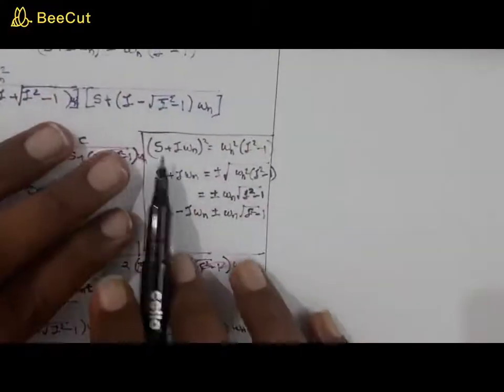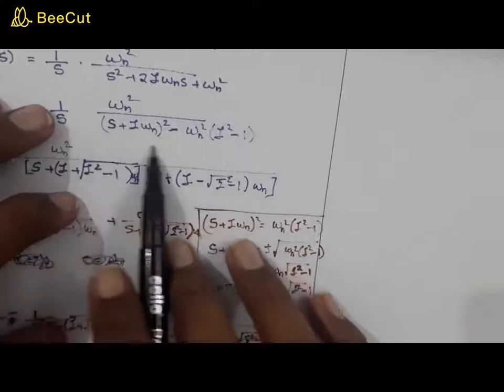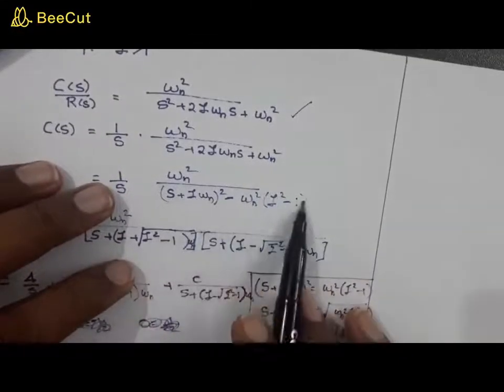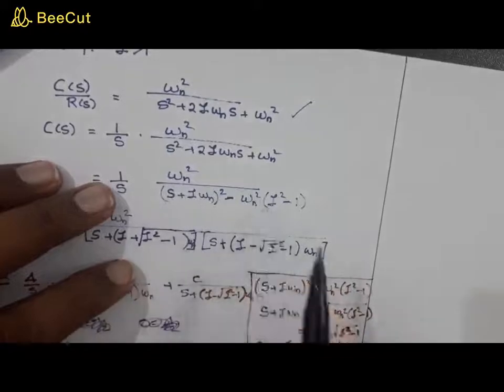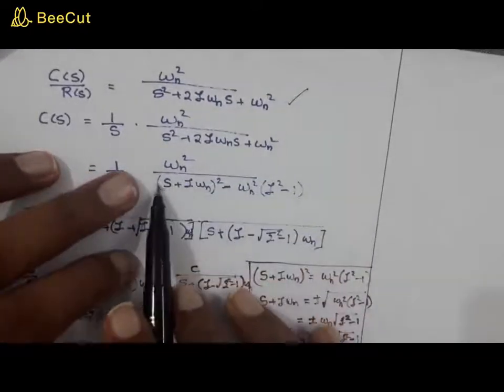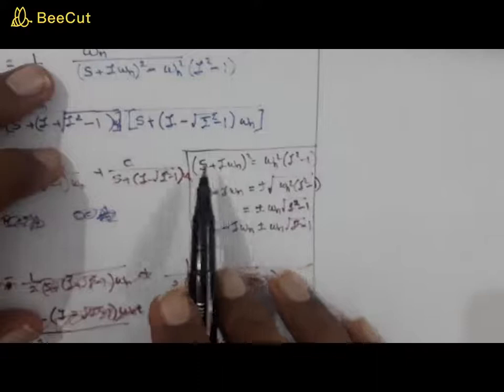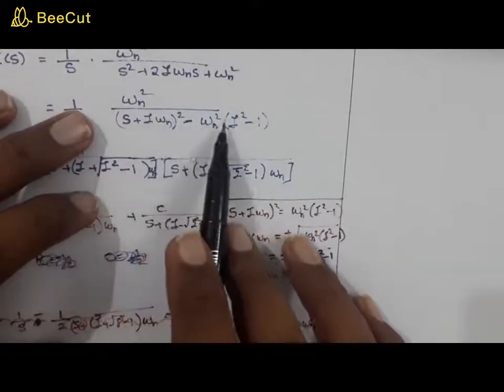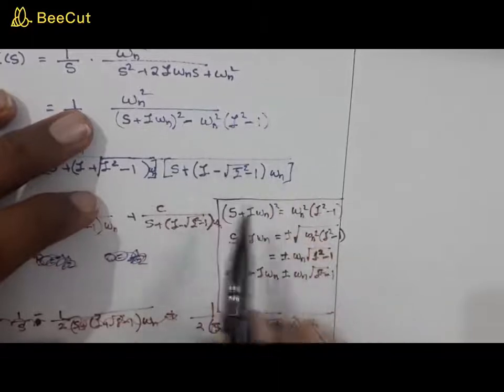Now look at this: s plus theta omega n the whole square is a quadratic term, and it can be factorized. The whole term is equated to 0, so you get s plus theta omega n the whole square minus omega n square into theta square minus 1 is equal to 0.